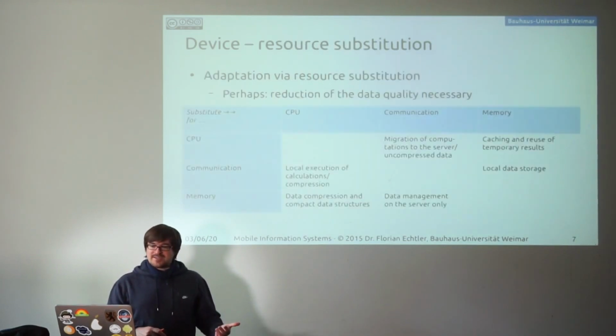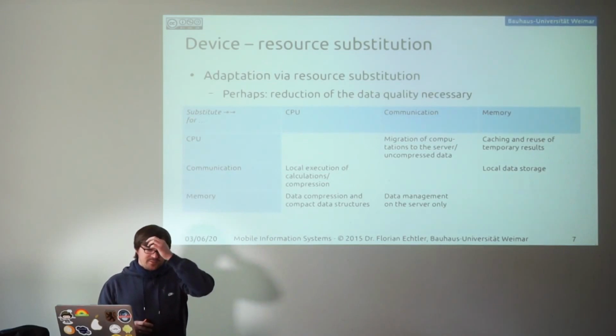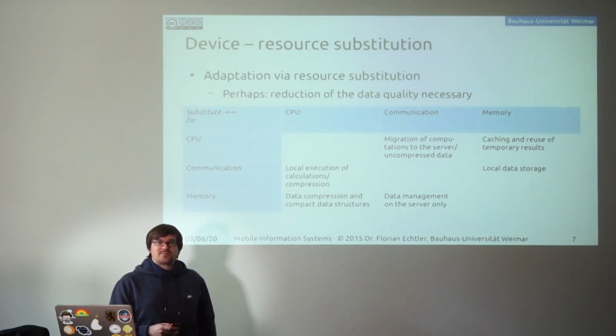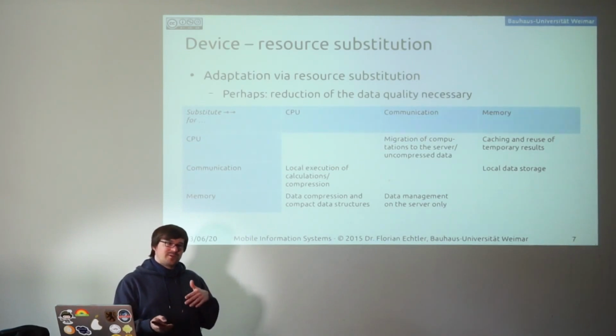In a more general sense, if you think back to these proxies I've been talking about, you can, of course, always also try to substitute one resource for the other when that resource is kind of running out.